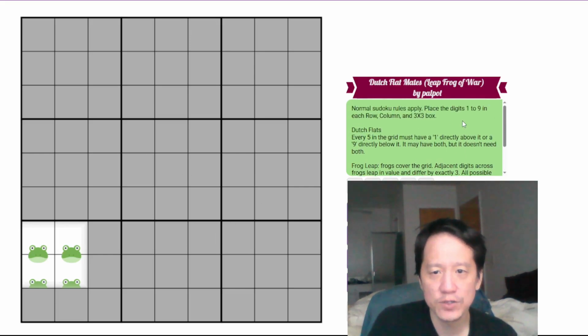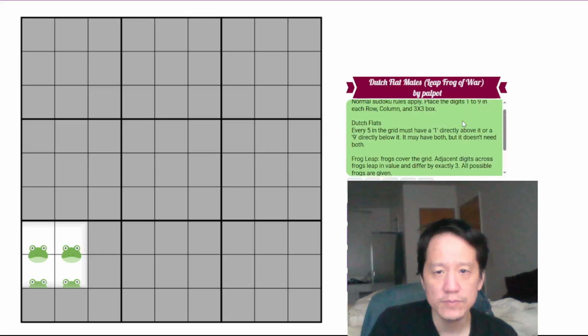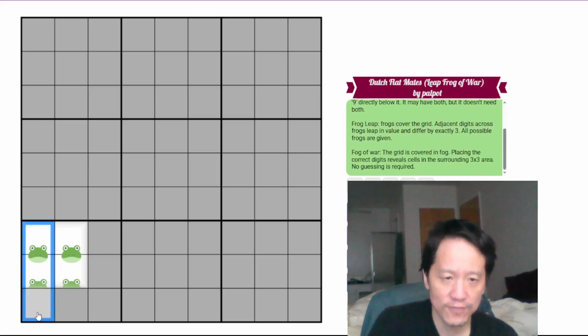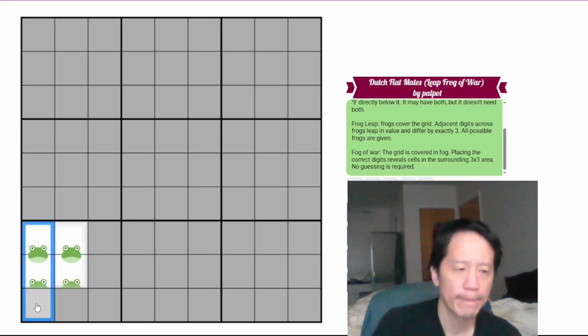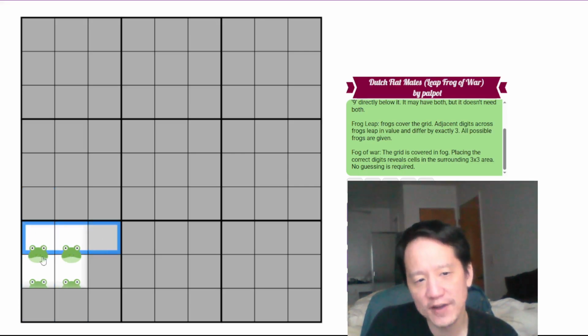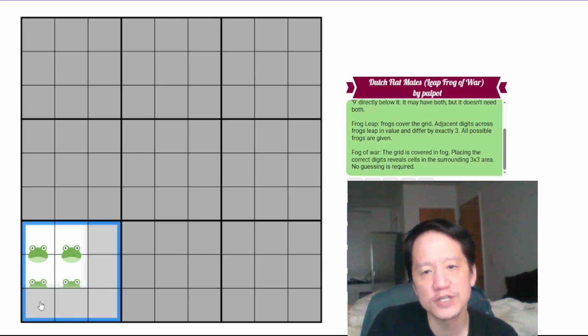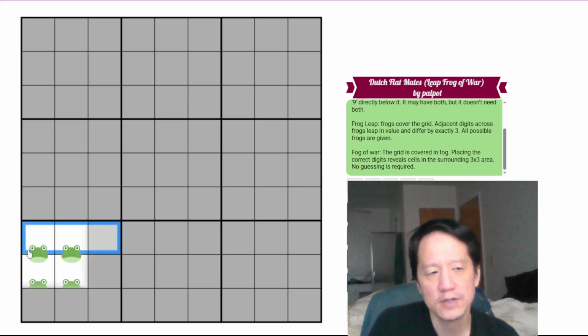Okay, so here we have frogs in each of these 2 columns, and 2 frogs separating all 3 cells in this box. Where can the 5 be? I'm using the Dutch flatmates constraint here, because that's pretty unique.